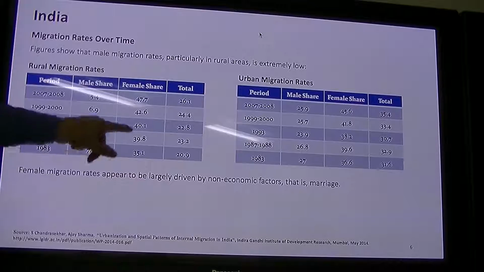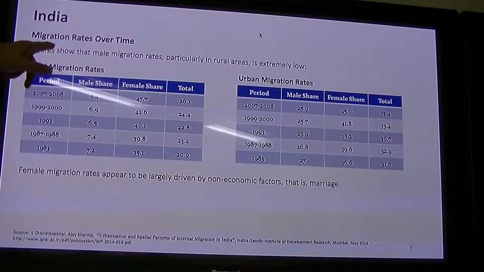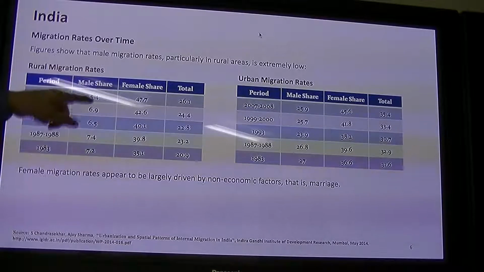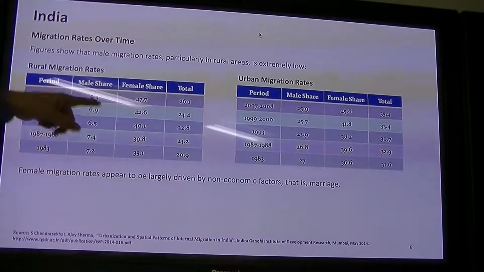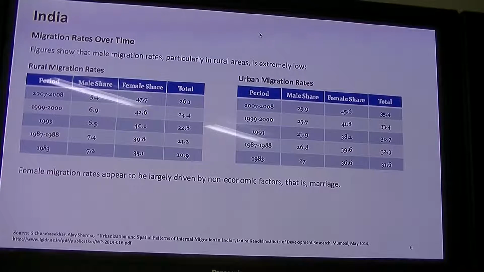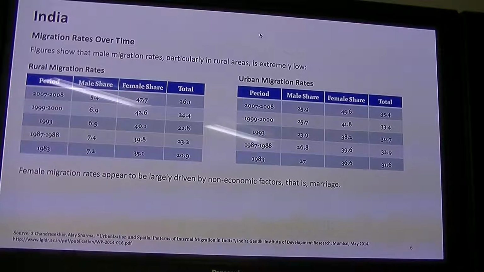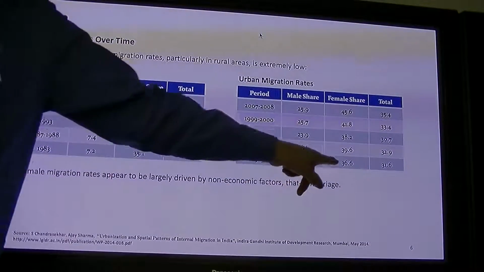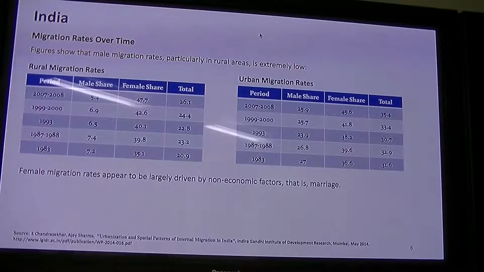The male migration rate in rural areas is very low. Men don't migrate, and look, the migration rates of women are 10 times higher. And so you're thinking, oh wow, women are moving for jobs. There's more male migration in urban areas, but it's still less than female migration.